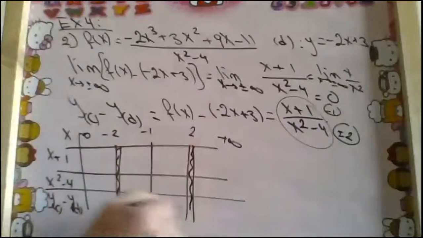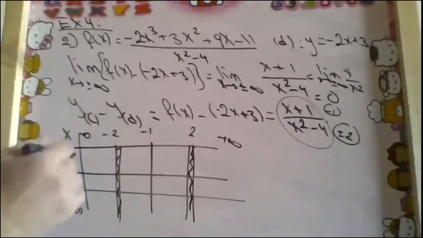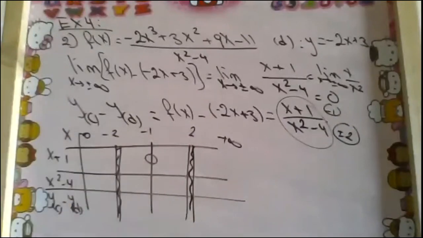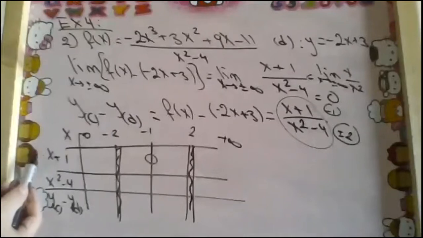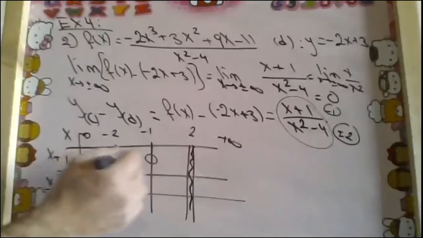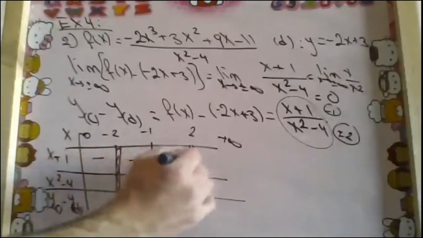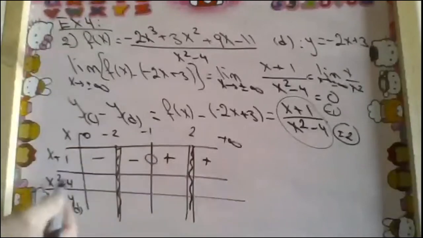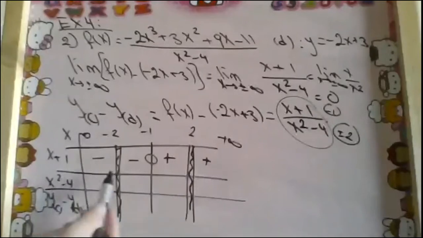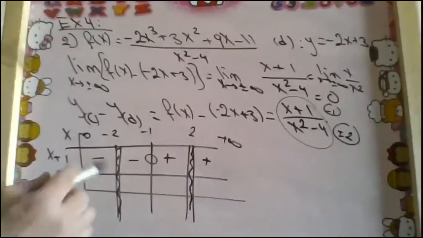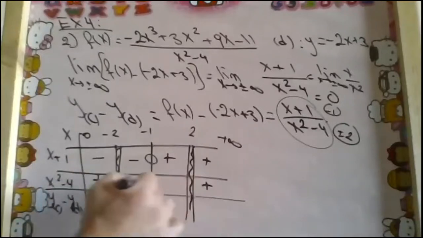Similarly here. x plus 1, the root is negative 1. It's linear. The coefficient of x is 1, positive. So before the root it's negative, and after the root it's positive. x squared minus 4 is quadratic. The roots are negative 2 and positive 2. The coefficient of x squared is positive, so positive outside, negative inside.